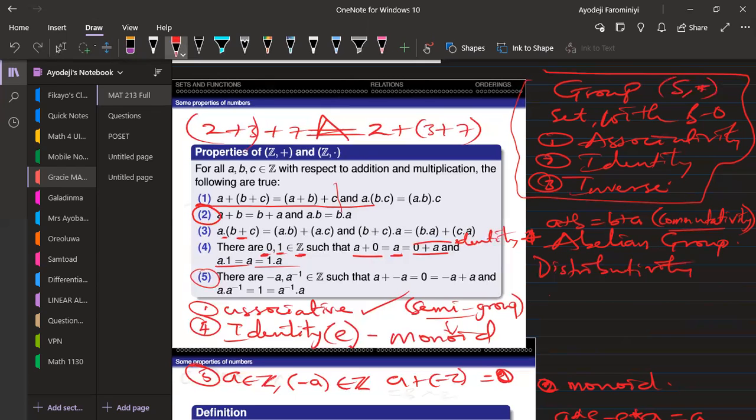But with 2 operations, we have another structure. If it satisfies certain properties, then it is called a ring, but I don't want to go into that now.